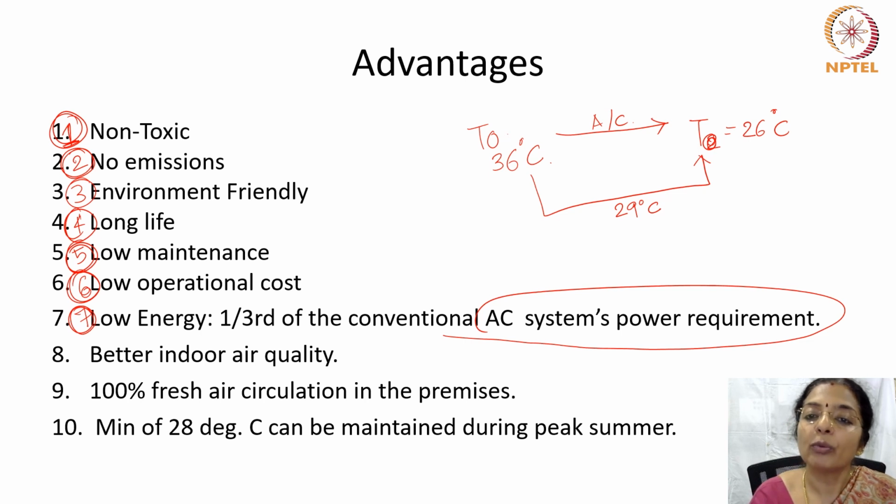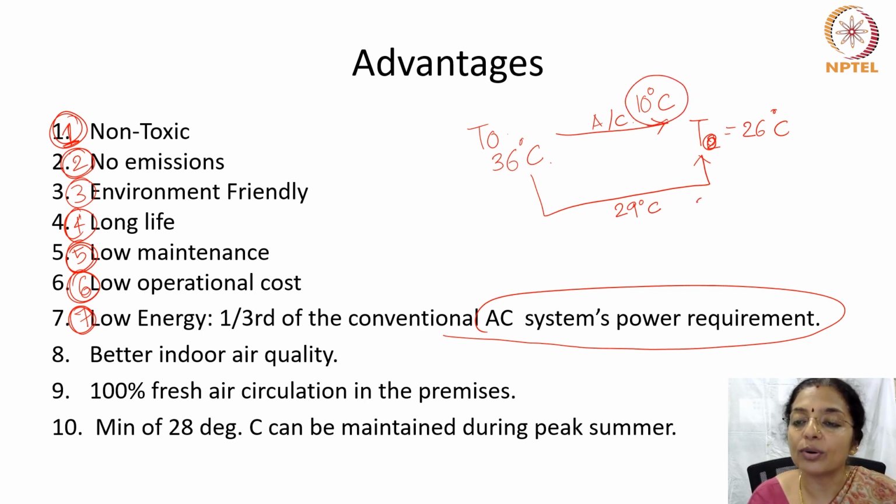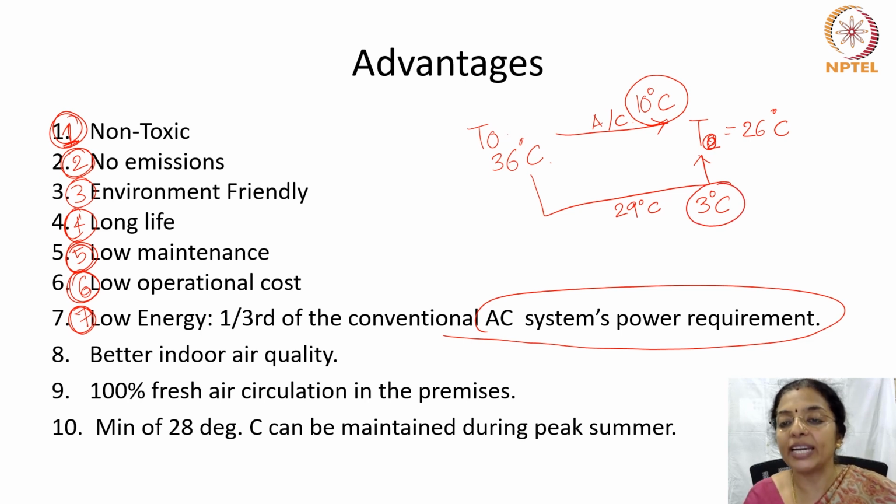So with an AC alone, there has to be a drop of 10 degrees centigrade. But when you have earth air tunnels, the AC has to only convert the air from 29 degrees to 26 degrees, which is just 3 degrees. Therefore, the AC system's power requirement can get dramatically reduced.